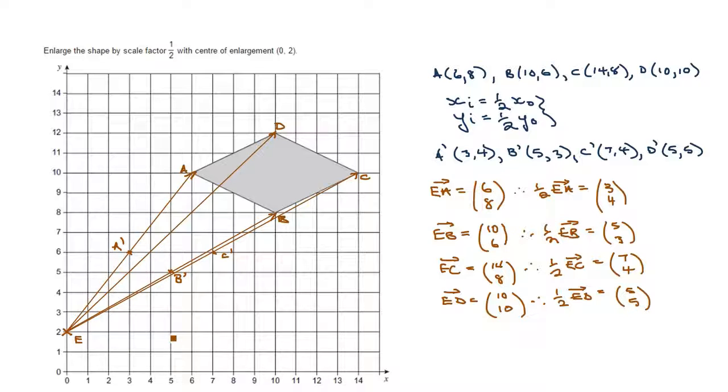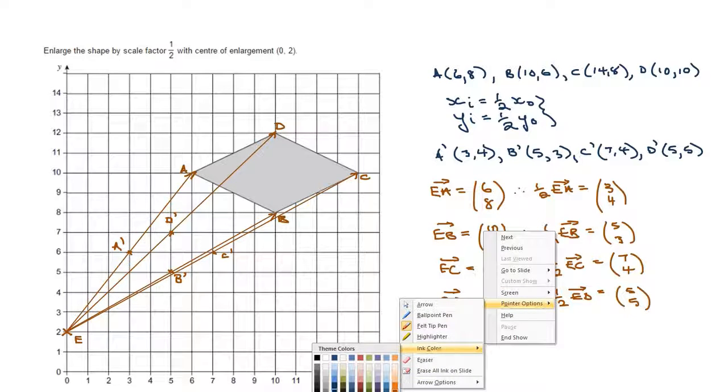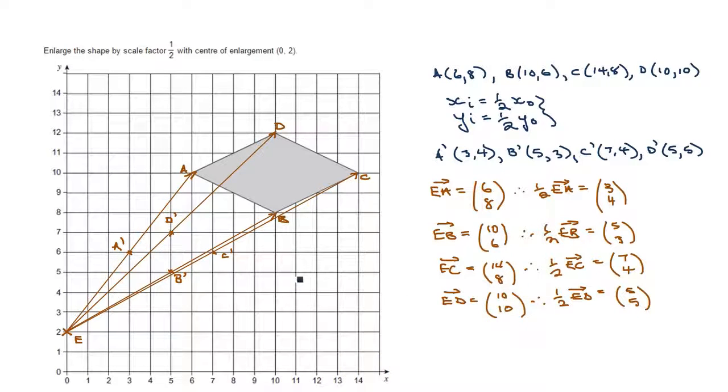So we've got 5 along from the centre of enlargement, and 5 up takes us to here, which we can mark as D prime. So finally, just as before, we can draw these together like that. Okay.